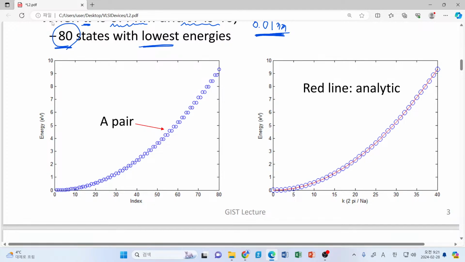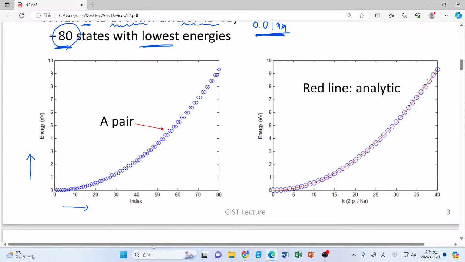Please have a look at your left figure. This is the index and this is energy. Since they are sorted in ascending order, you can see that if we go to the higher index, then energy is increasing.